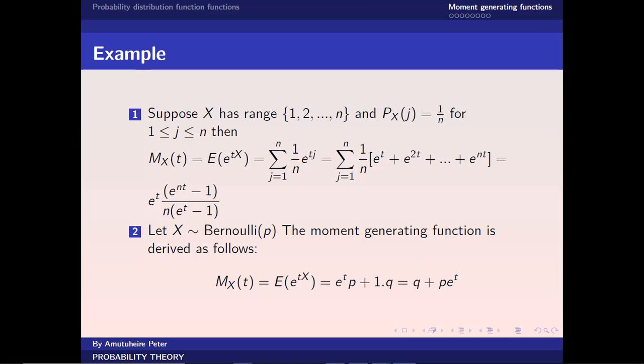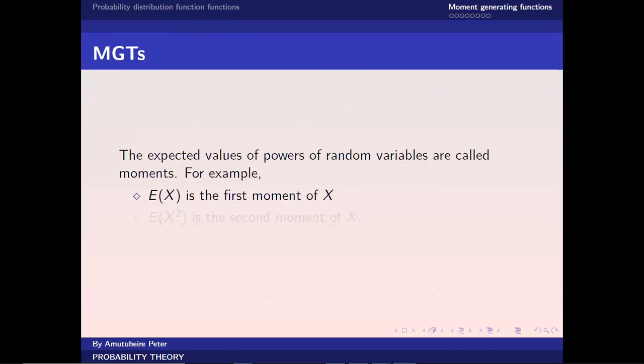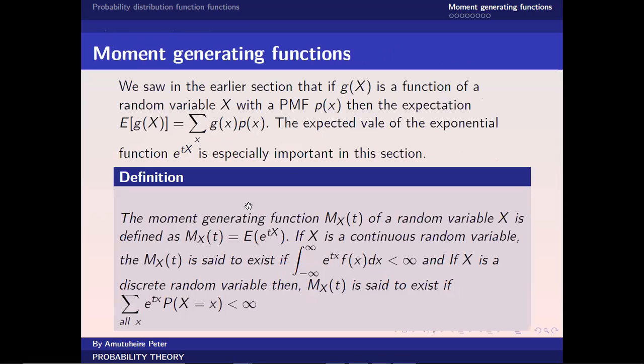Okay, let me take you to the properties of the moment generating function. Like we saw, the first property is that the moment generating function exists at the point t equal to 0, and its value at that point is 1. Why do we say this? From the definition, the moment generating function is the expectation of e to power tx.